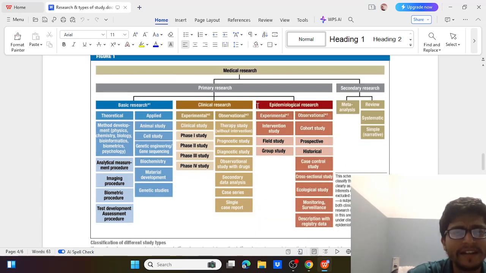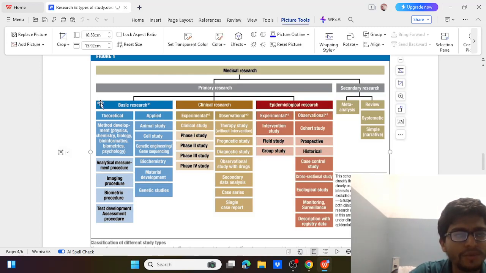Medical research can be classified into primary research and secondary research. Then the primary research is further classified into basic research, clinical research, and epidemiological research. The basic research is classified into theoretical research and applied research.